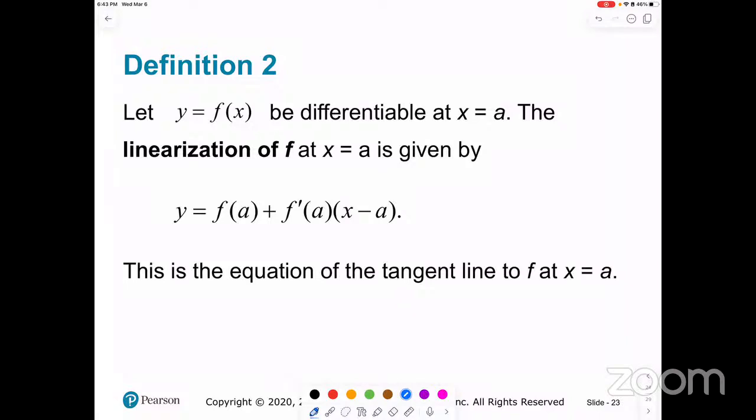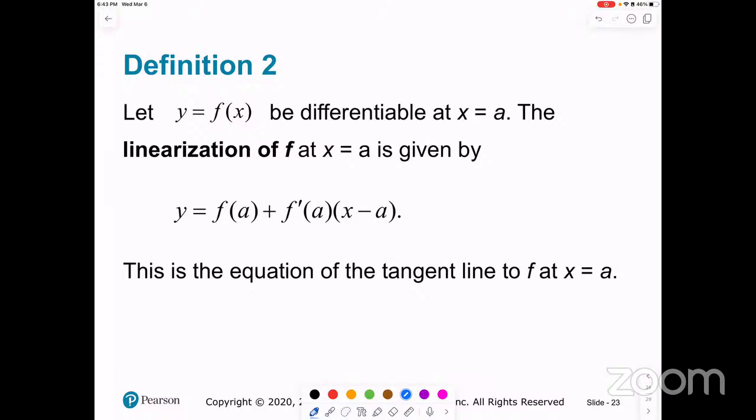Normally, we just talk about the slope of the tangent, but what if we want the equation of that line itself? That's what the linearization does. The derivative tells us about the slope, but the linearization will take us straight to the equation of the tangent line at the point.